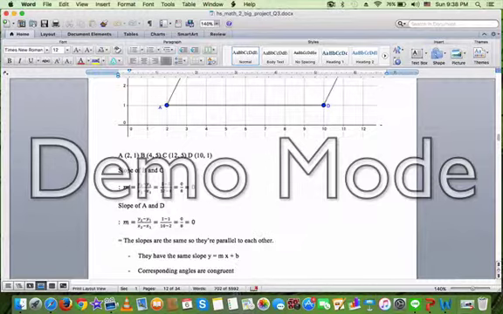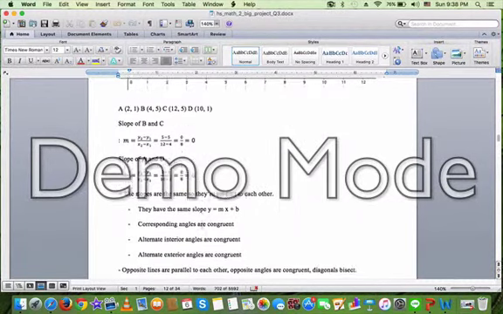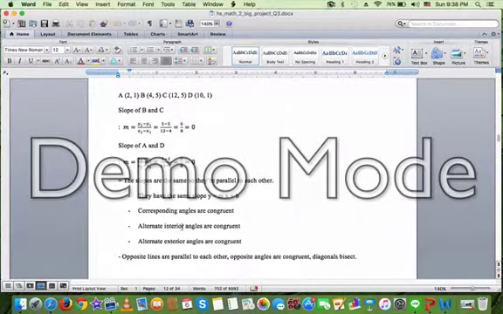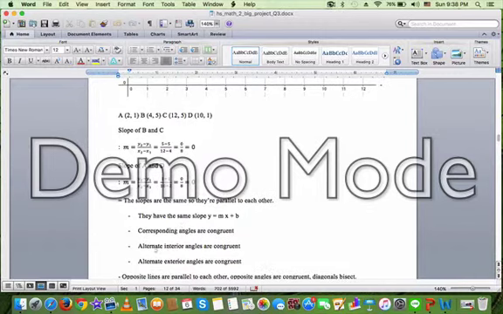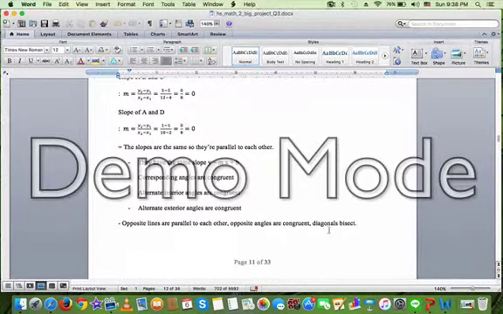The slopes are the same because the sides are parallel to each other. To prove that, I find the slope of B to C and A to D, which is m equals y2 minus y1 divided by x2 minus x1, and both equal 0, which is the same.